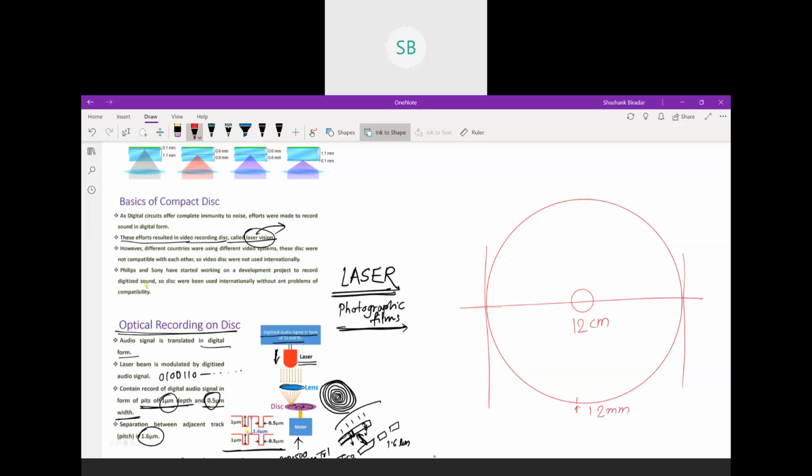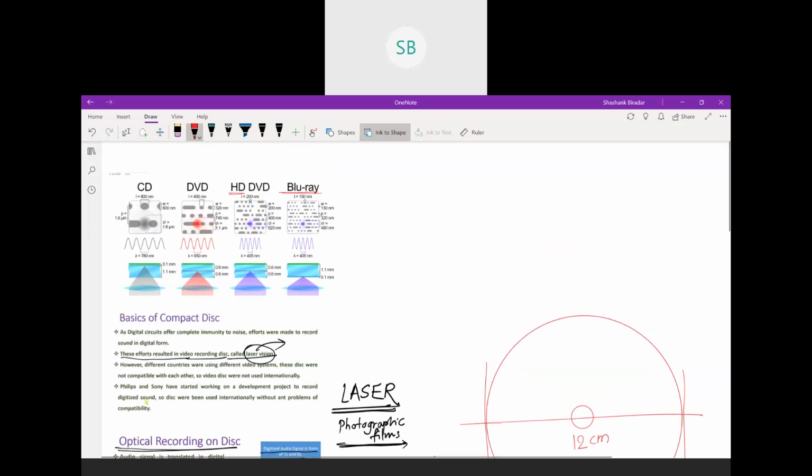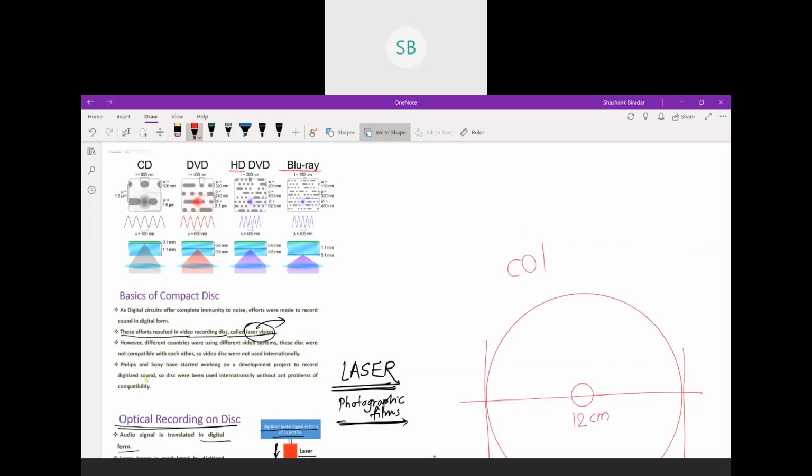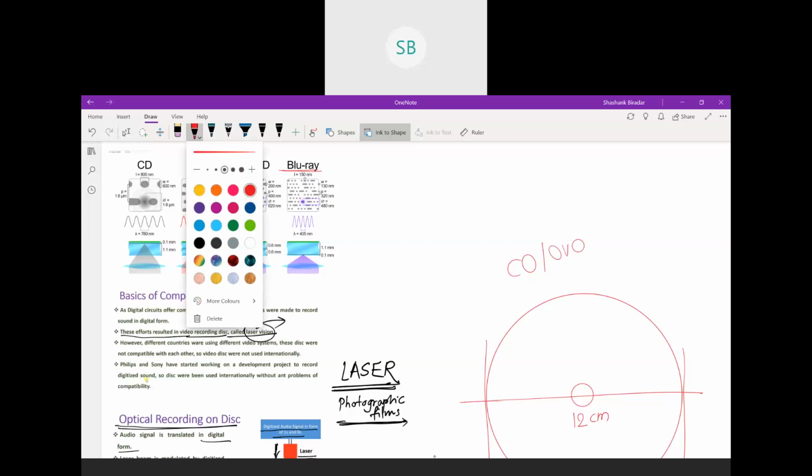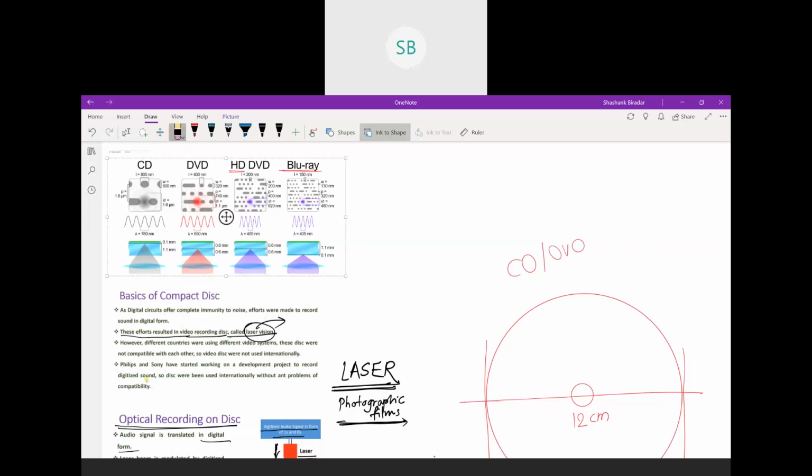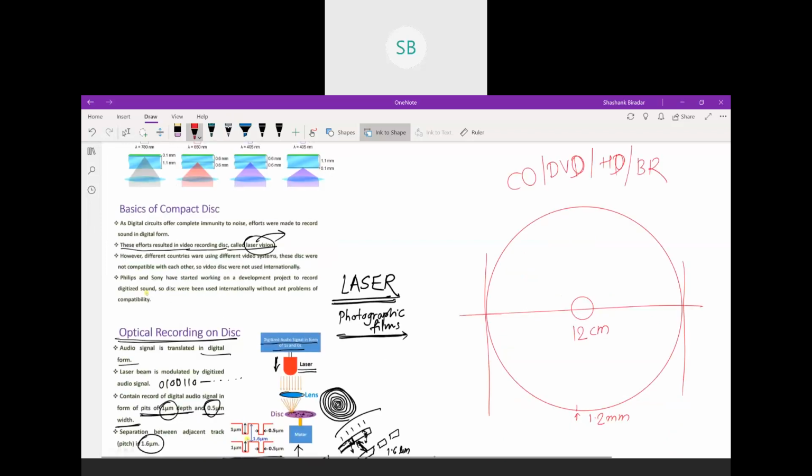Now the thing is that when you consider CD, DVD, HD DVD and Blu-ray DVD, they have the same dimensions, but they differ in storage capacity.